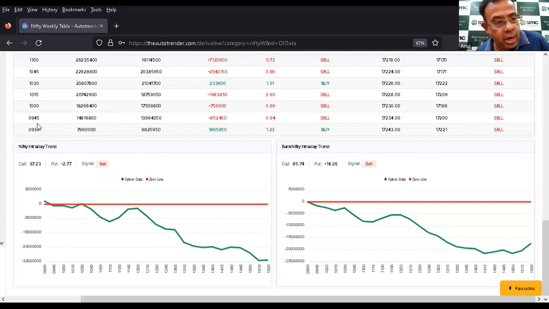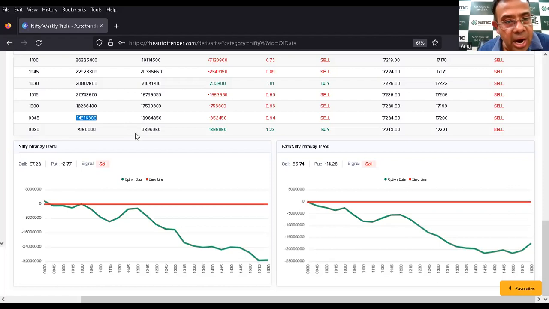As you can see over here at 9:45, what really happened was call writing, in just 15 minutes, shot up from 79 lakhs 60,000 to 1 crore 48 lakhs. So this is a huge difference. Even though put writing also increased, it is not with the same proportion.